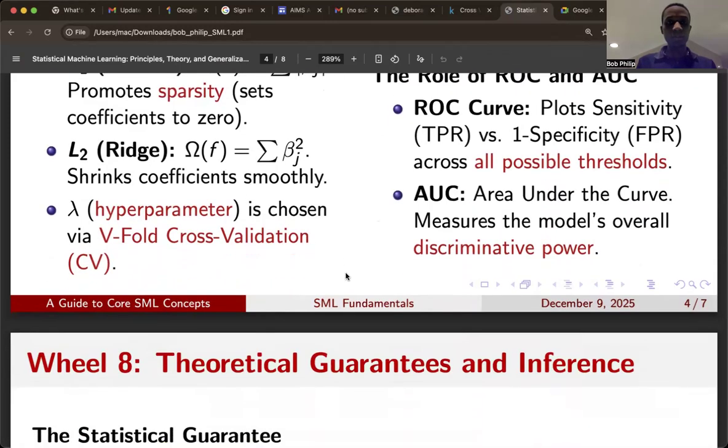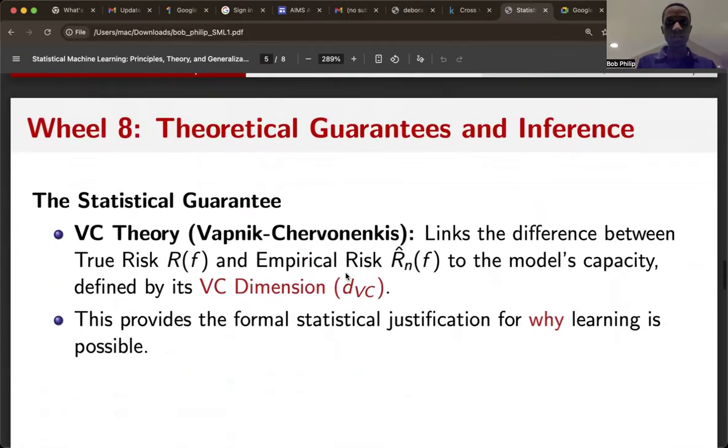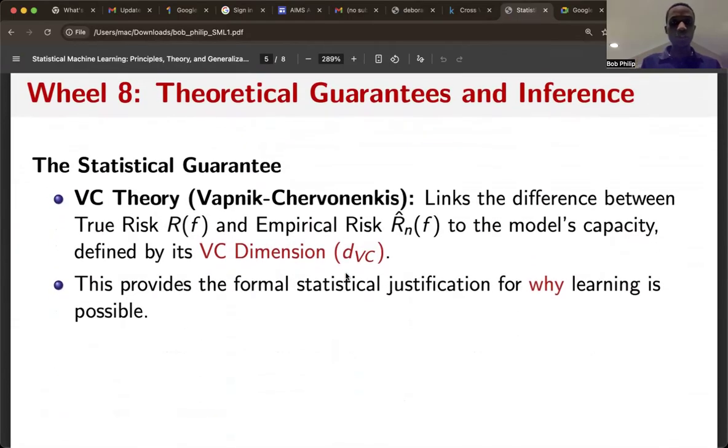Let's look at the theoretical guarantee of inference, where we create a region of confidence and try to ensure that our predictions are not out of that region.